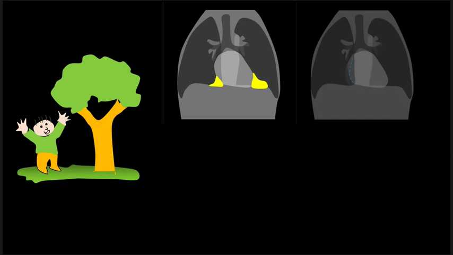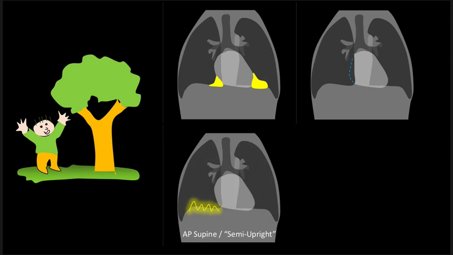If the heart doesn't extend past the right border of the thoracic spine, you can sometimes see a blurred appearance of the heart border. If the study is performed in the bed, supine or semi-upright positioning, you can sometimes get a little bit of faint blurring of the right or the left hemidiaphragm, more commonly on the left than the right.